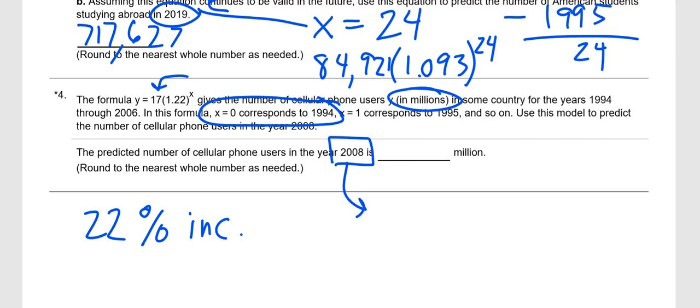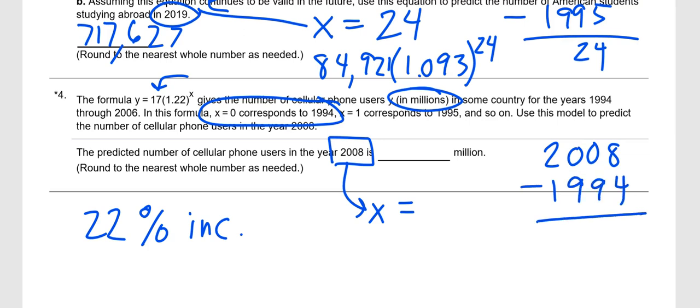What X value should we be using if the starting value was 1994? That's 122%. So that must mean it went up 22%. Yes, we could talk about the vegetable okra, or you could just subtract these 2 years.